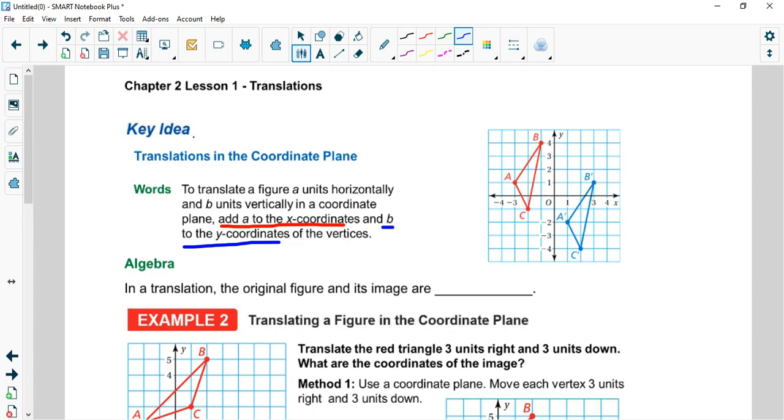Let's talk about that for a moment. We have a graph over on the right. And in it, just to make it clear, red is the pre-image and blue here is the image. And the reason why we know that is because of this symbol. It says A with a little tick mark on it called A prime.